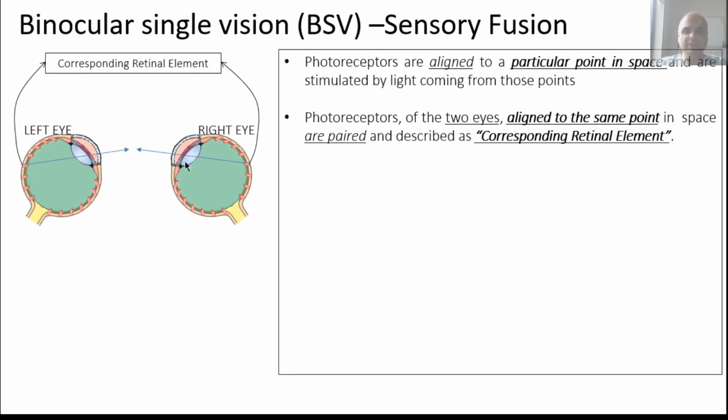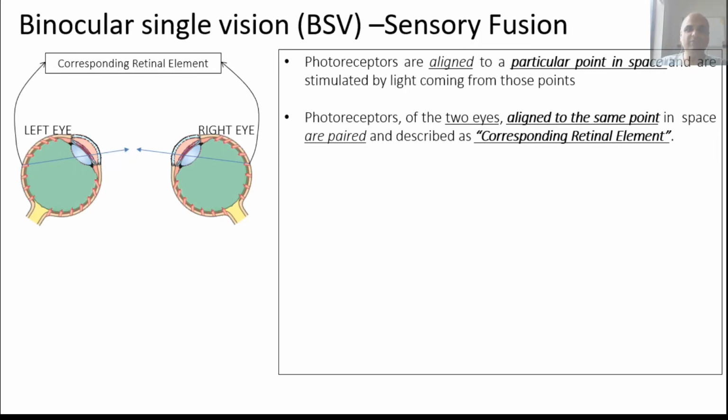And similarly, every other photoreceptor is aligned to a particular point in space, and it's stimulated by light coming from that point. So this photoreceptor right here is going to be stimulated by light coming from this point because it's pointing in this direction. And this photoreceptor is going to pick up light from this point because it's pointing in this direction. So that's one thing. Photoreceptors have a certain alignment to a particular point in space.